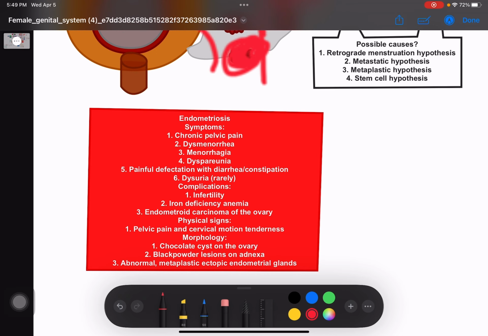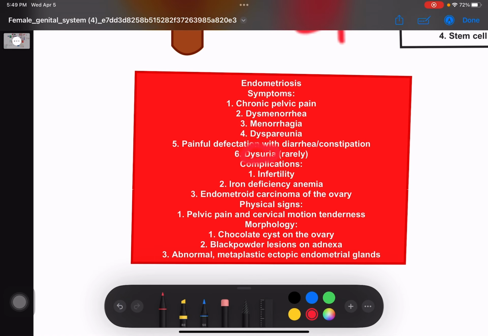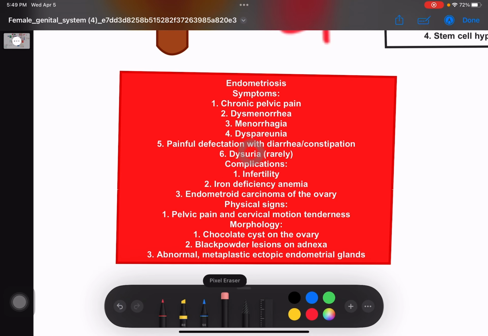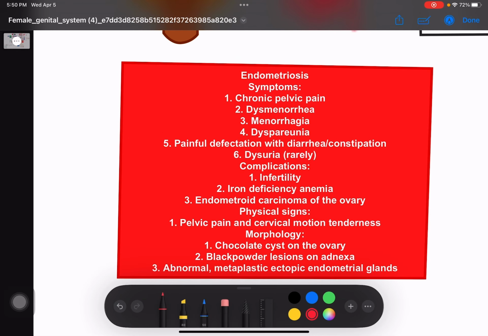Painful defecation and diarrhea, constipation, dysuria. Rarely, this is when the endometrial tissue is near the bladder, right? Complications include infertility and iron deficiency anemia due to heavy bleeding, because usually women with endometriosis experience more than 1 week of bleeding with heavy bleeding as well.